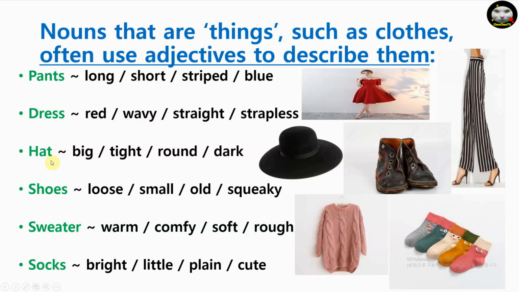A hat could be big, tight, round, or dark. Shoes could be loose, small, old, or squeaky. A sweater can be warm, comfy, soft, or rough. And socks can be bright, little, plain, or cute.